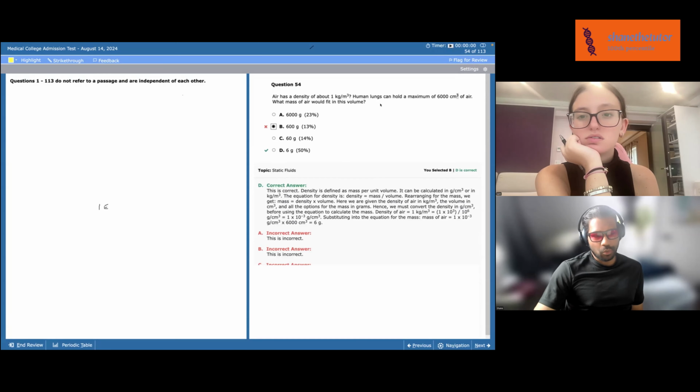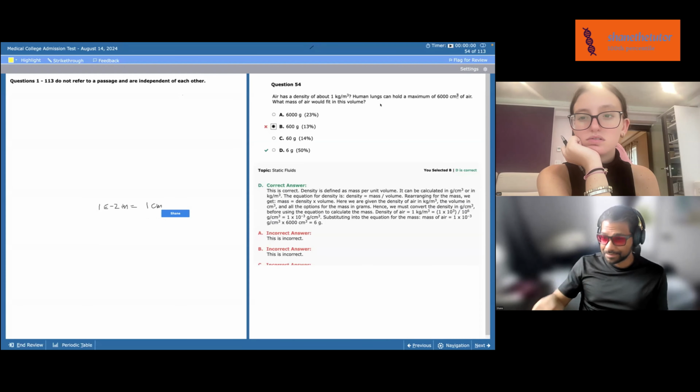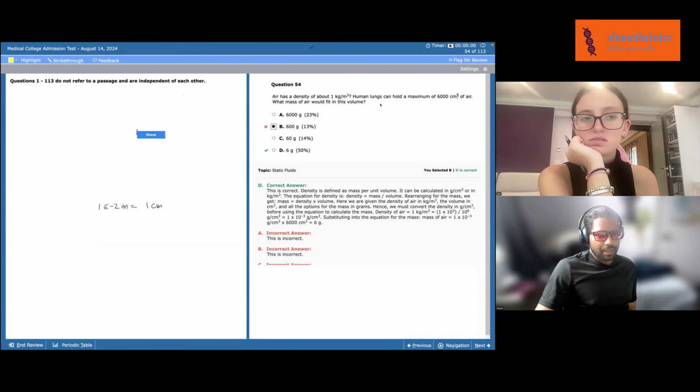I'm going to write what 1 centimeter would be in meters: 1e-2 meters is equal to 1 centimeter, right? 1e-2 means going backwards like this.